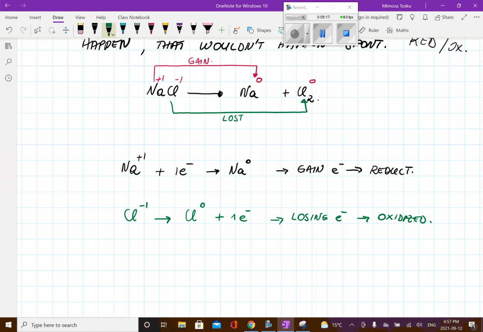However, those are half reactions, oxidation and reduction reactions. They do not happen, any of them, on their own.